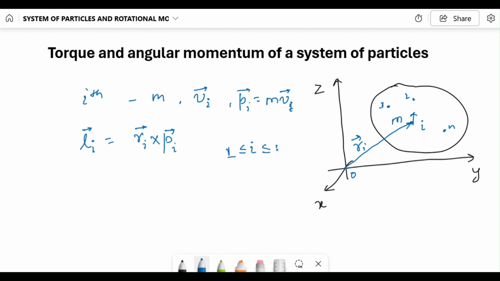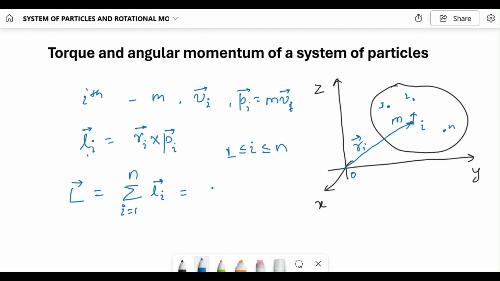If I put i equals 1, we are talking about the first particle, and so on. If I put i equals n, we are talking about the nth particle. So this is the angular momentum for the ith particle, and if we want to know the angular momentum of the system, we have to sum the angular momenta of the particles, and this sum will be a vector sum.